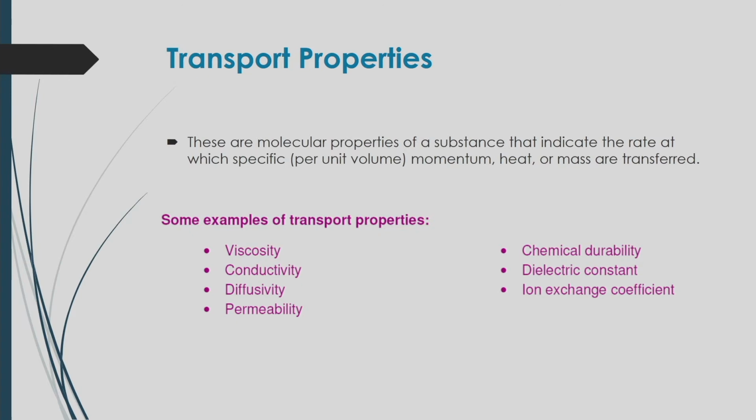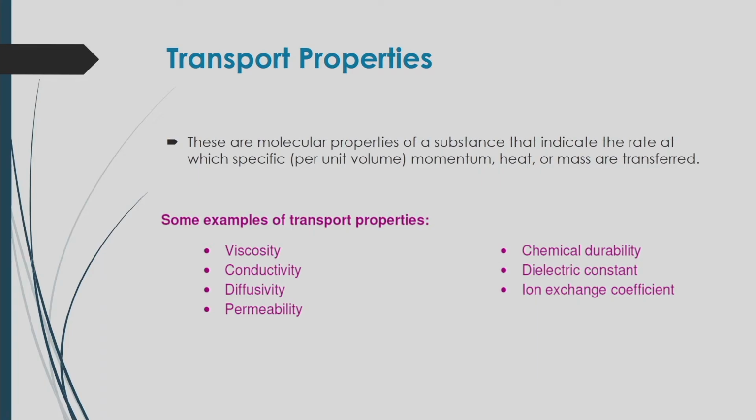Now, we have talked about two kinds of properties, physical properties and transport properties. Here, transport properties are basically molecular properties of a substance that indicate the rate at which a specific quantity, that is per unit volume, of momentum, heat or mass is transferred. Here, specific will be represented as per unit volume.